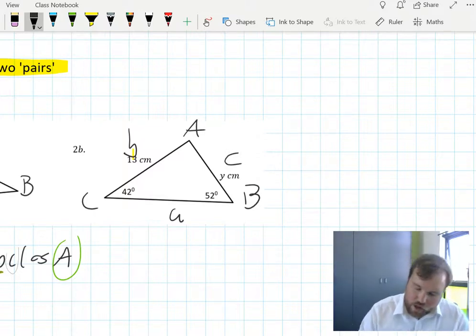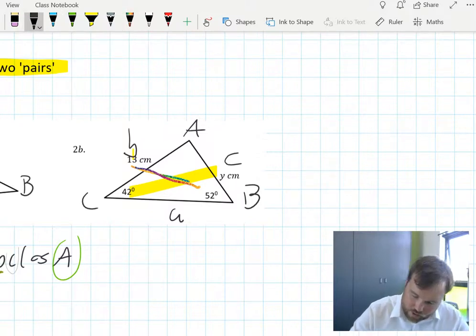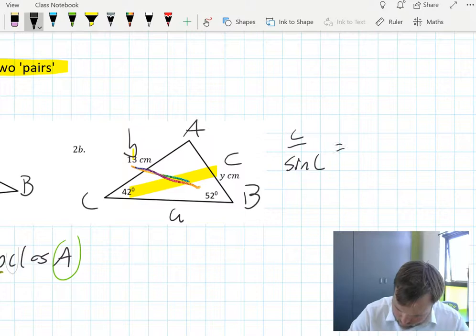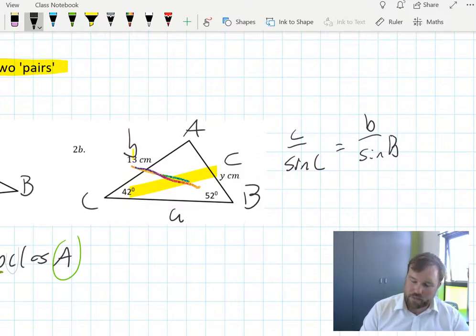It's frustrating. Alright, so we've got the C pair and the B pair. That means we're using this form of the equation: c on sine C equals b on sine B. The reason we're using B and C and not the A is because for A, we don't have a pair.